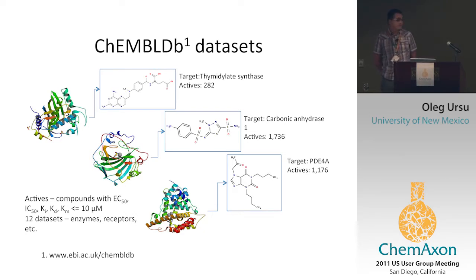I don't know if many of you already know about the ChEMBL database from EBI. This is a database of medicinal chemistry papers, and I selected around 12 targets with good coverage in medchem papers. And I only selected the active compounds for each of these targets, which have less than 10 micromolar activity in terms of IC50, Ki, Kd, Km.